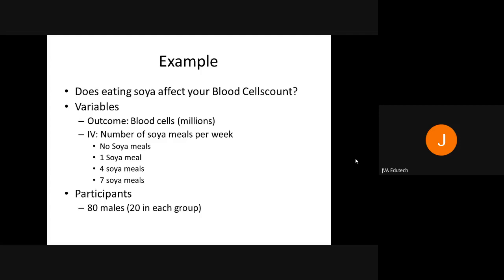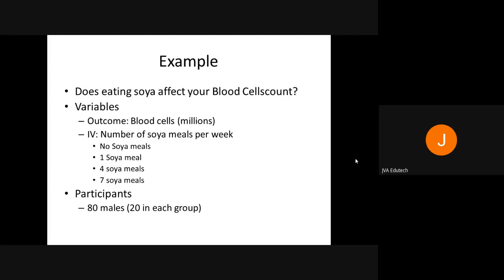So we have categorized in our data set groups of people, each group consisting of 20 males. Now four groups we have. One group is fed no soya meal, the normal meal they are having. Another group is given one soya meal.